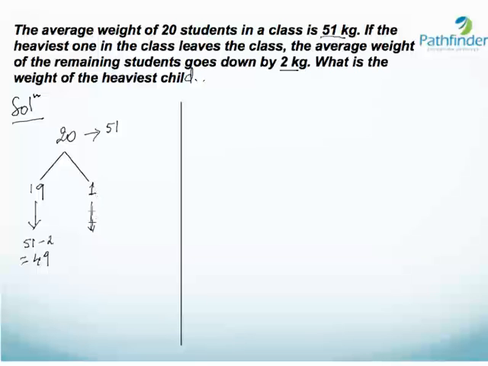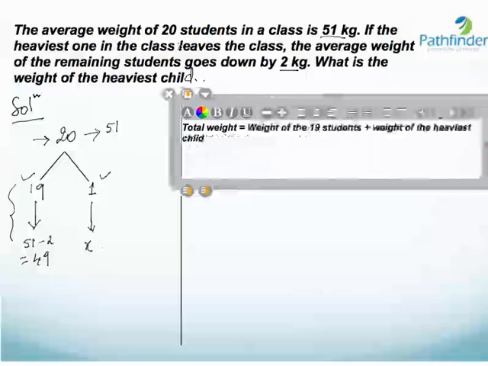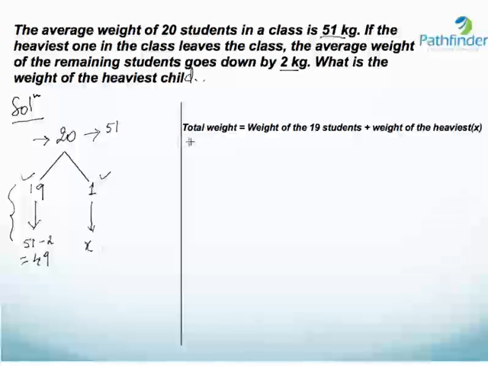Since we don't know the weight of the heaviest guy, let us assume that weight of the heaviest guy is x. From the basic principles, the sum of weight of 20 people must be equal to the weight of these 19 students plus the weight of the heaviest child.